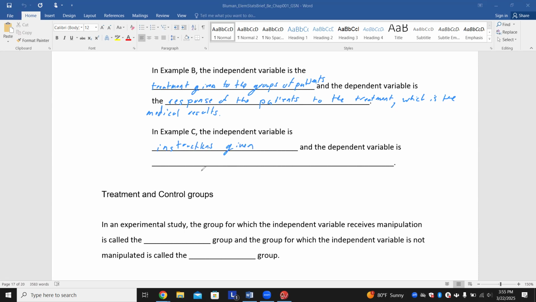And the dependent variable here, again, is the length of time the participants are able to hold the plank position.